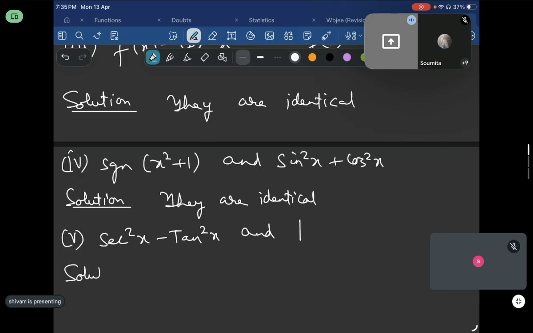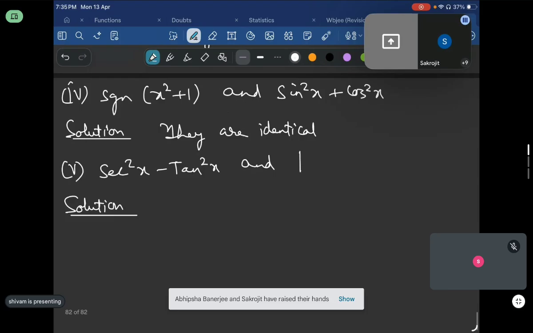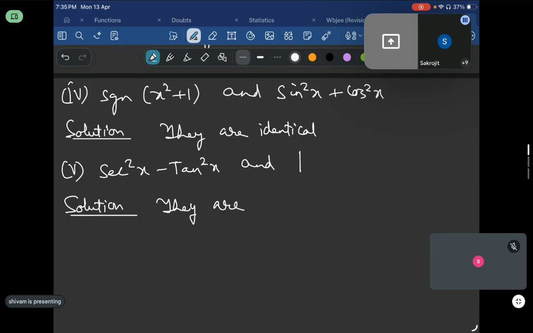Socrates, tell me. Sir, I don't think they're identical, because the domain of 1 is all reals, and for sec square x minus tan square x, the domain is all reals minus (2n plus 1) pi by 2. Correct. Very good. They are not identical.